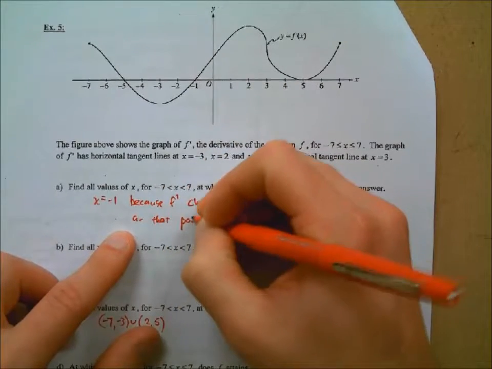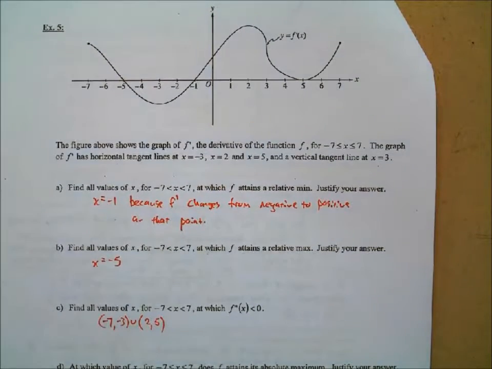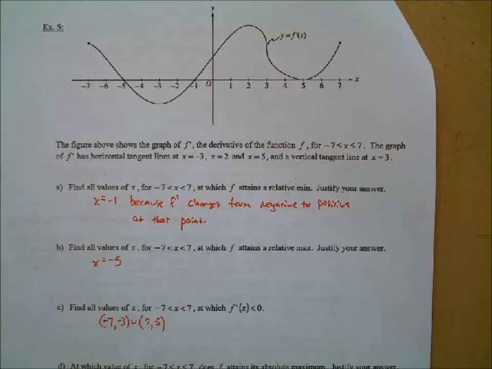Again, I believe that is sufficient. If you wanted to go the extra step to completely reason it from what we're given to what we are trying to justify, you could say, therefore, f is changing from decreasing to increasing at that point, and so it's got to be a relative minimum. Okay, but this is sufficient.